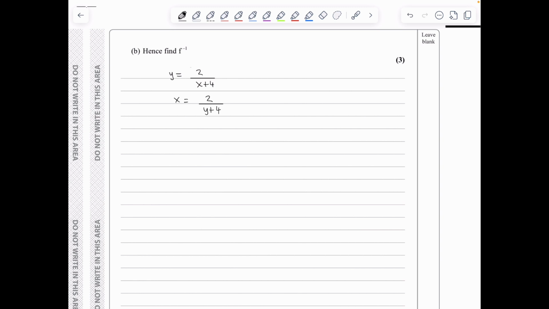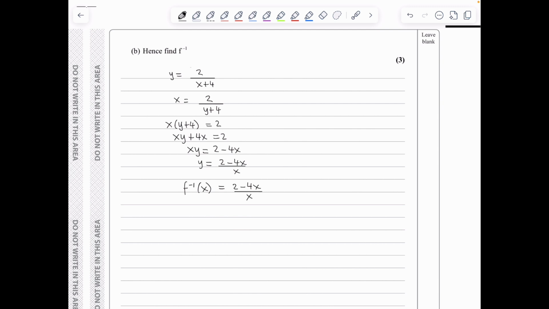And I will now try to make y the subject, so x brackets y plus 4 is equal to 2, so xy plus 4x is 2, which means that xy is 2 minus 4x, and therefore y is 2 minus 4x over x, and therefore we conclude that f inverse of x is 2 minus 4x over x. This will give me 2 out of the 3 marks.